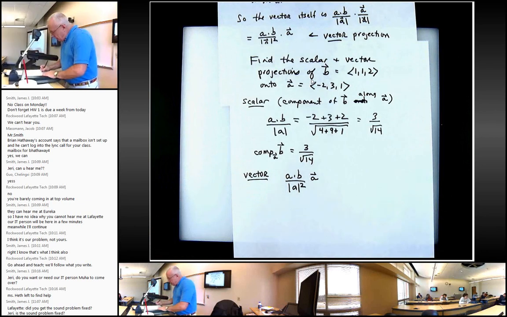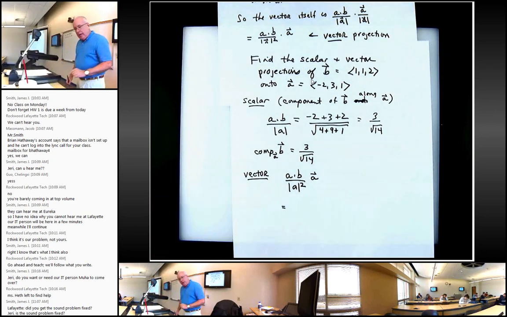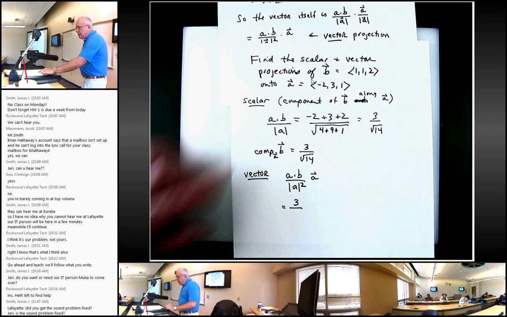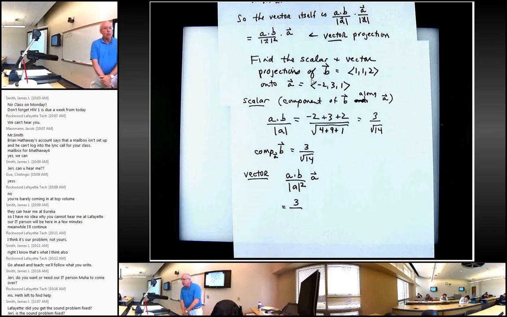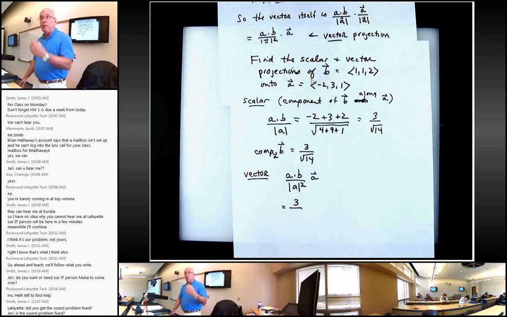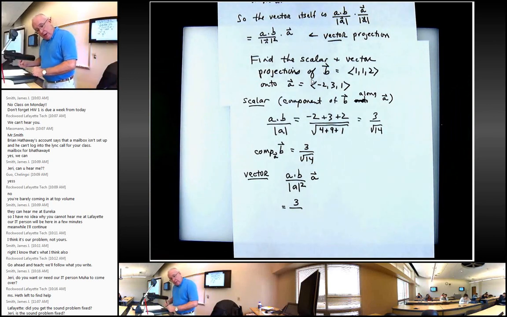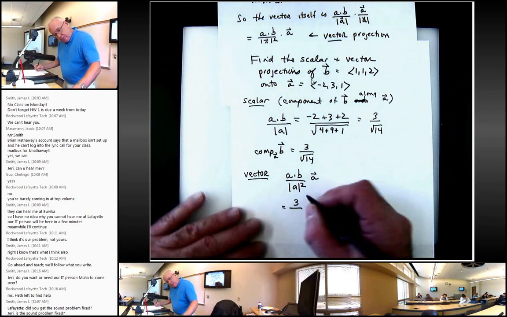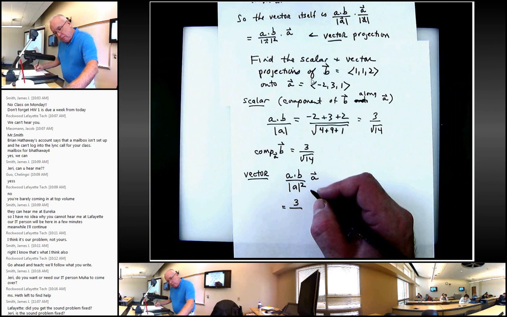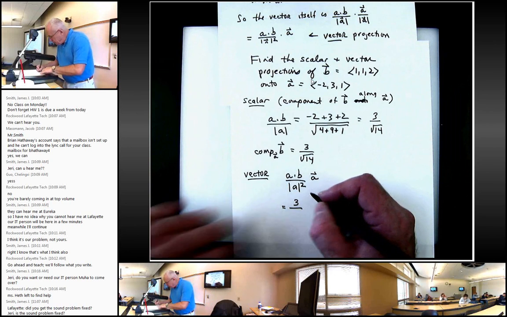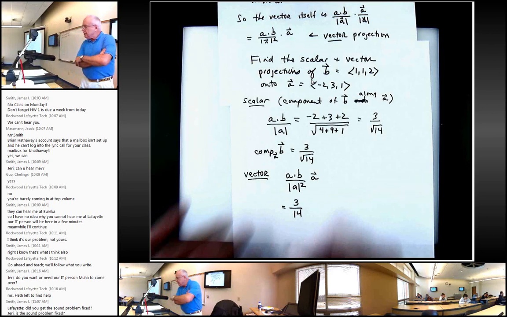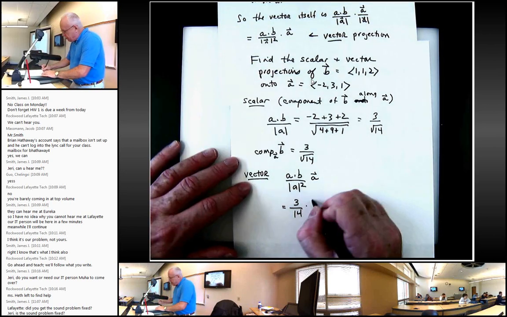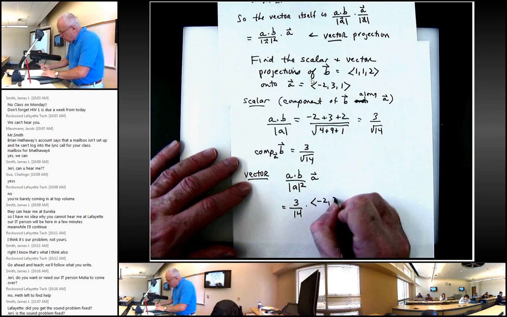So let's see here. I think we've already figured out what A dot B is. It's 3. We've already figured out the magnitude or absolute value of A. That's the square root of 14. So when we square it, we're going to get 14, right? And then we're multiplying this by our A vector, which is -2, 3, and 1.